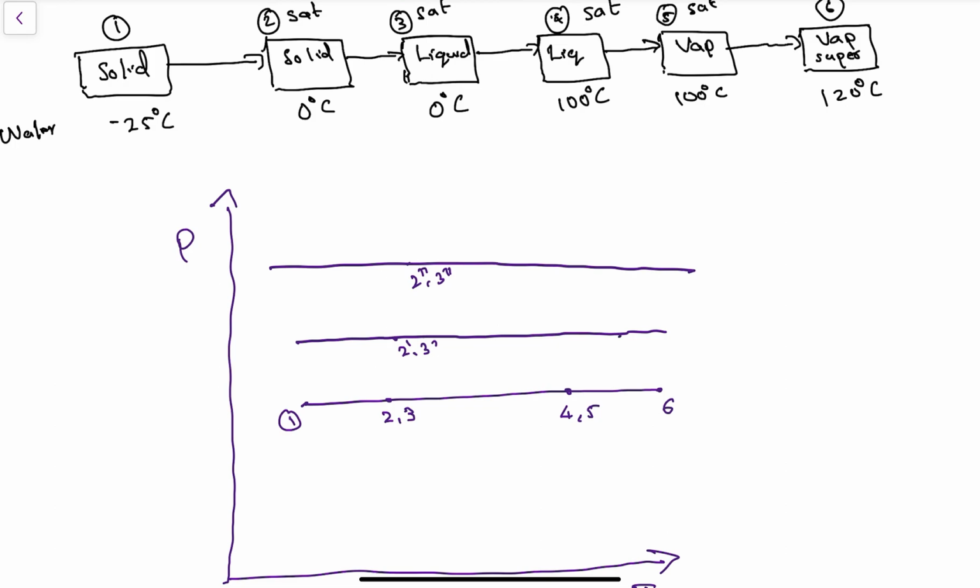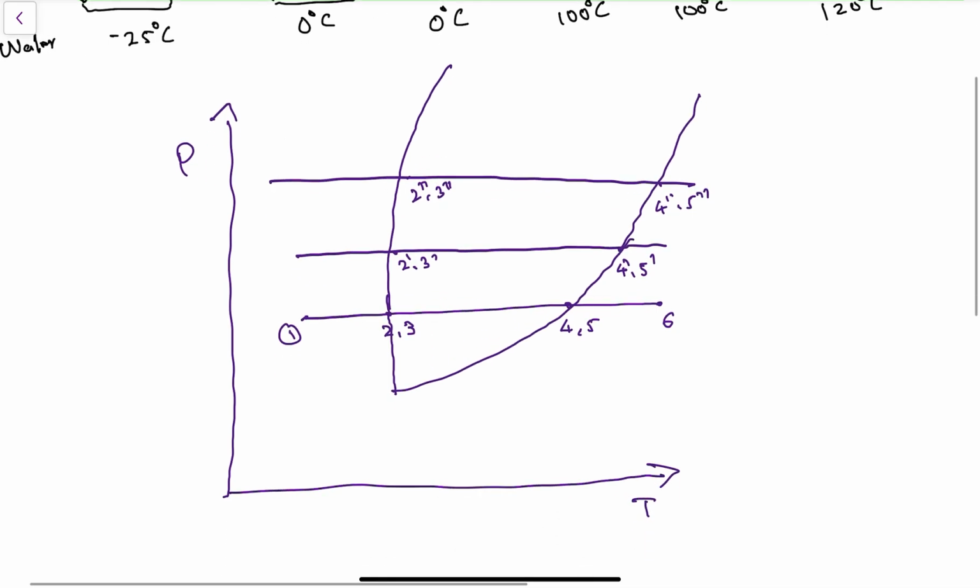It is 4 dash 5 dash. Here it is 4 double dash 5 double dash. If you connect it, you will get a curve like this.